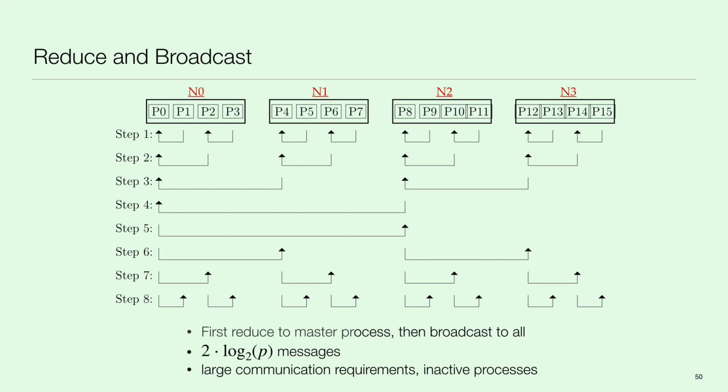All right, so here are some refresher reminders. Here we have 4 nodes with 4 processors each, and this is one style of doing that inner product, to reduce and broadcast. One of the problems is that it has large communication requirements for what we should expect, and it has inactive processors.